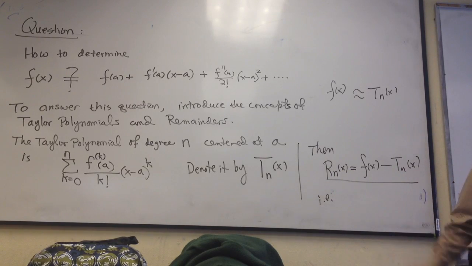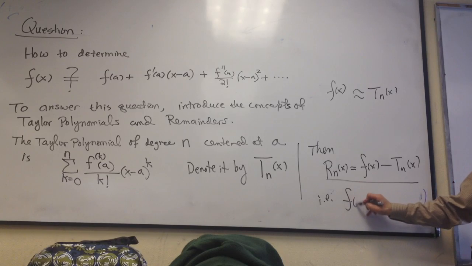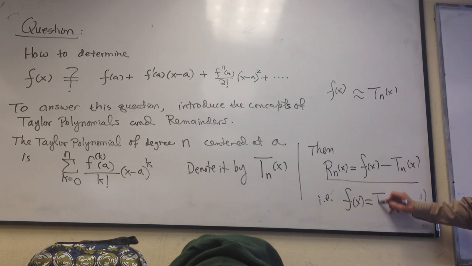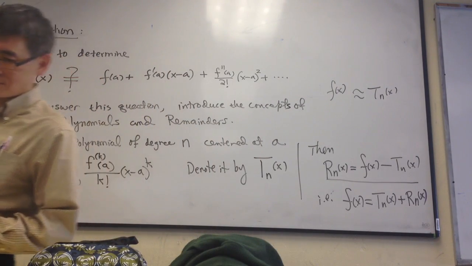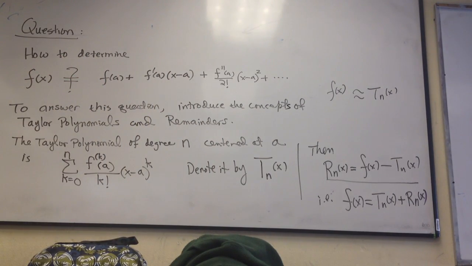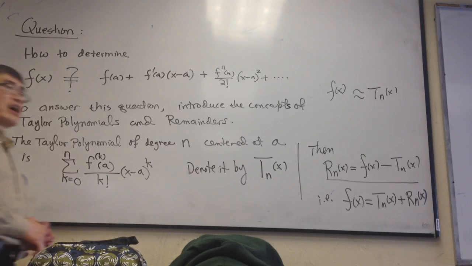I.e., phrase it differently, f of x is equal to Tn of x, not quite, plus a little bit. And that little bit is called Rn of x. So this is the nth degree Taylor polynomial of f at a.